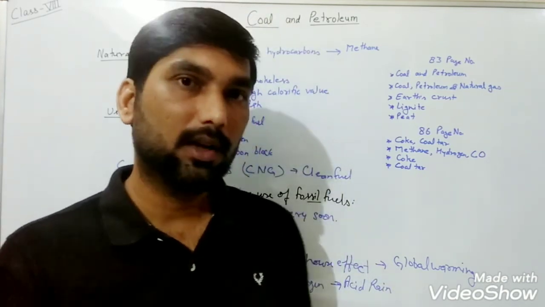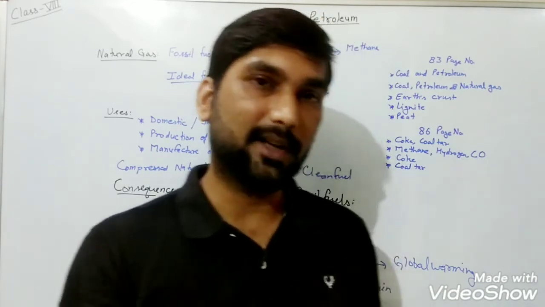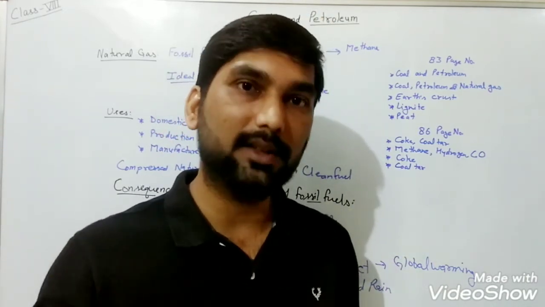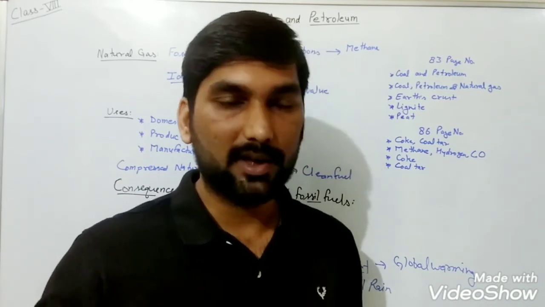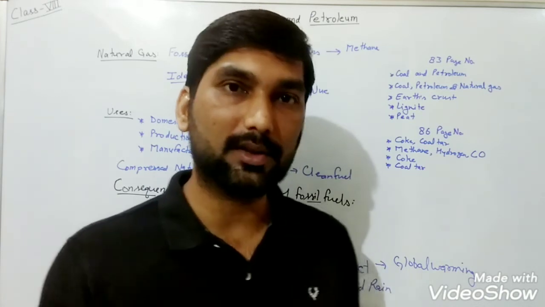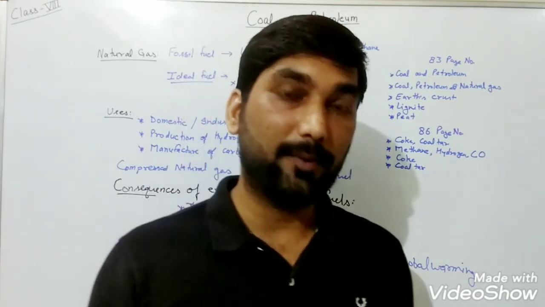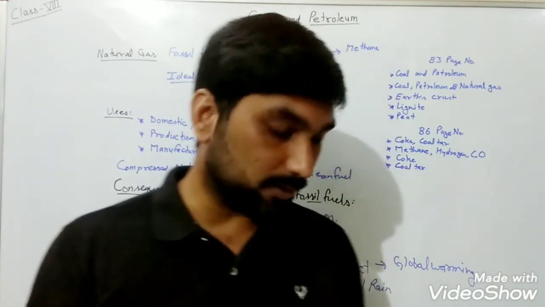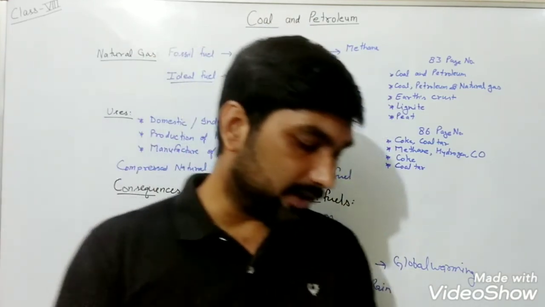I hope you all have done that, and you will get the answer from there: petroleum is present deep inside the earth, ranging from 100 meters to 2 to 3 kilometers down, where ancient seas were present. So this is the first answer of the question on page number 90.